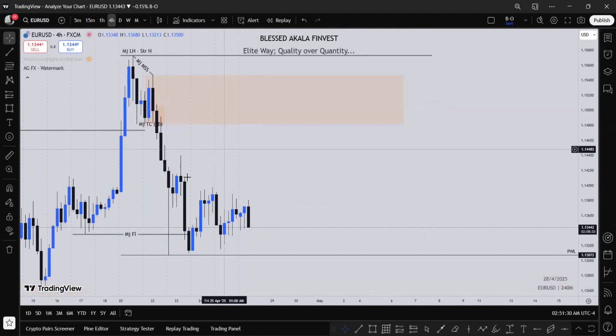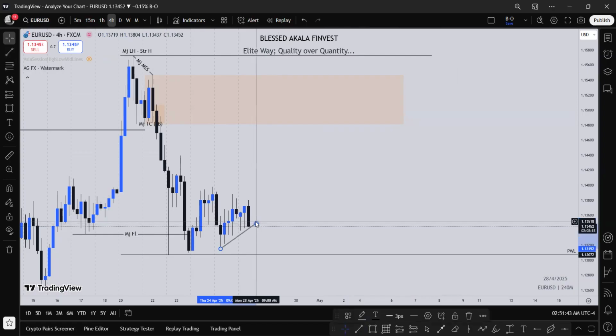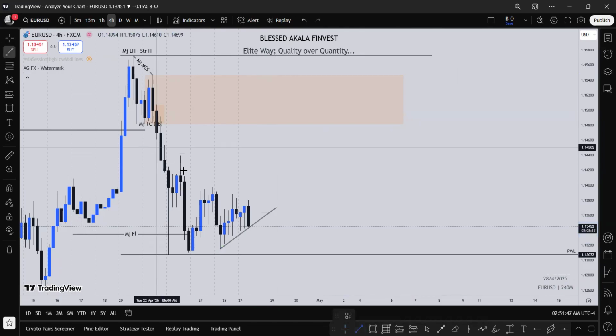I'm anticipating that maybe the daily is going to, but market leads and we follow. And as you can see from this leg here, the market is creating some kind of close range, and until one breaks it, so you can be inspecting. So let's see what the market is going to do within that close range.